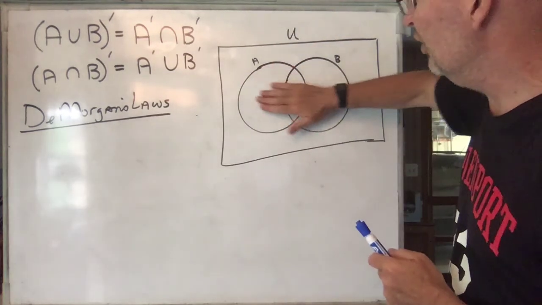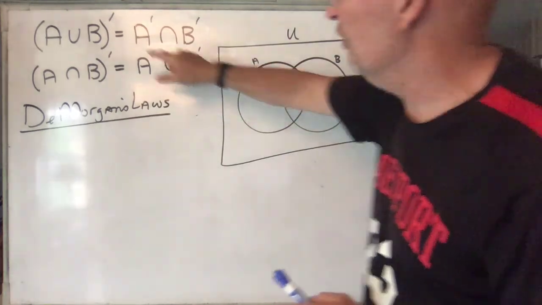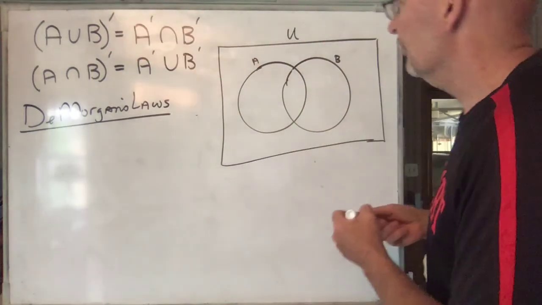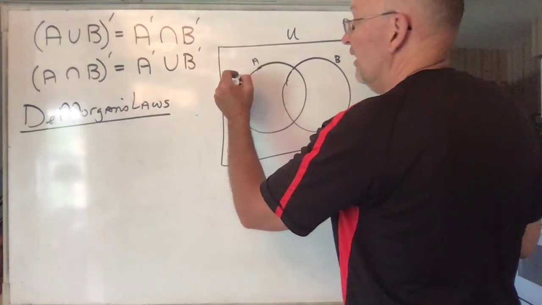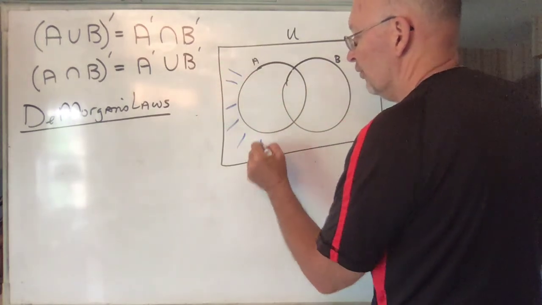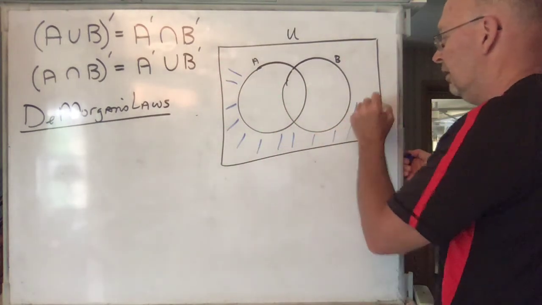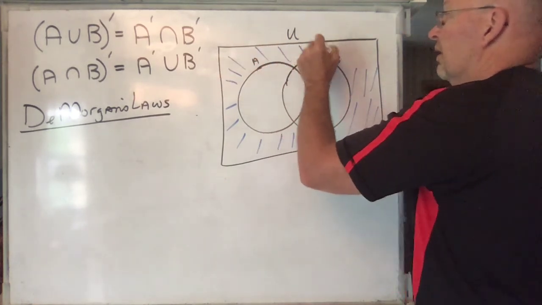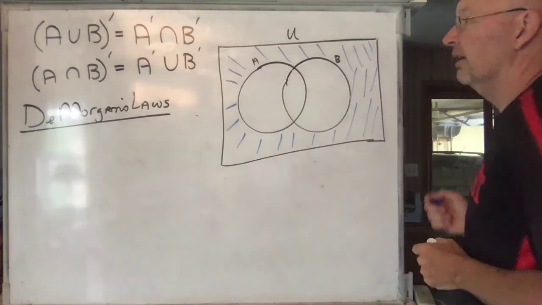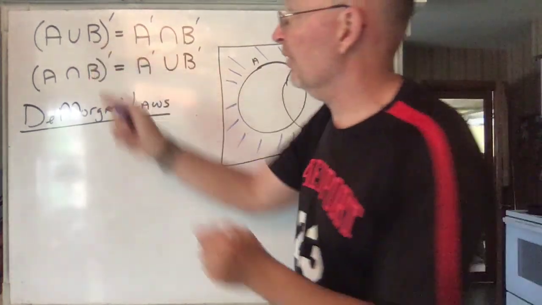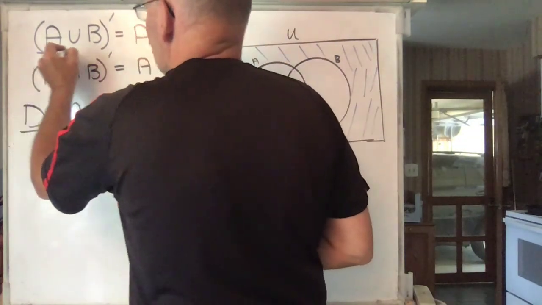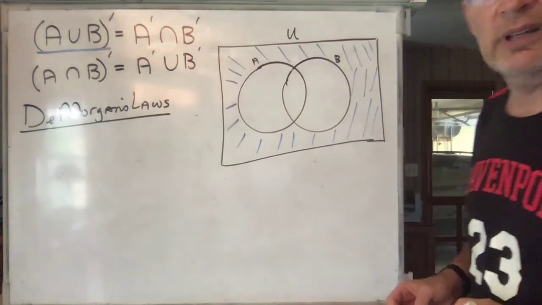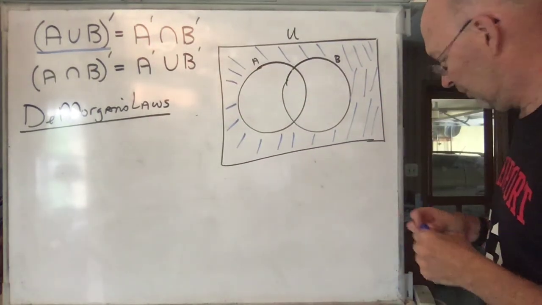So A union B is all this, and once you have A union B, then you take the complement of it. The complement is everything that's not in A union B. So it's going to be all this stuff out there. Okay, that's the left-hand side. We put a blue line under there to indicate that's the left-hand side.